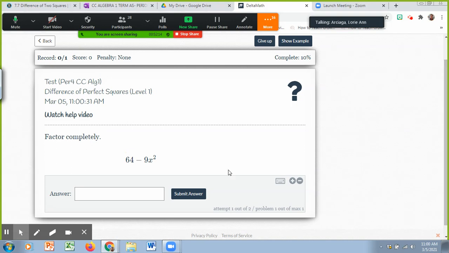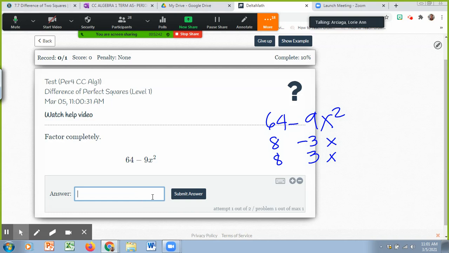Okay, so let's try this. So 64, what is the square root of 64? Once you get the hang of it, you could just do it in your head, you know? So 64 is what? 8 times 8. Very good. Negative 9 is what? Negative 3 and positive 3. Very good. And then you just break up the x squared into x times x.